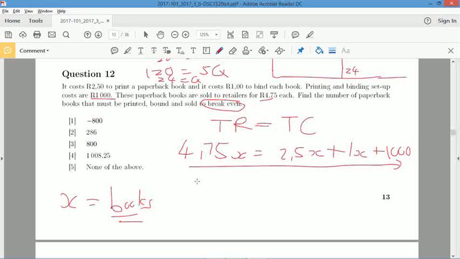And what am I solving for? I'm solving for x. So take the x's to the one side and the numbers to the other side. So 4.75 minus 2.5 gives me 2.25x. Plus 1. Don't forget the 1 there. So minus another 1.